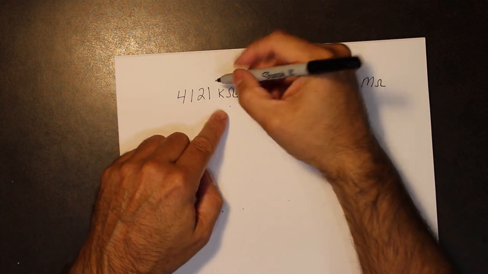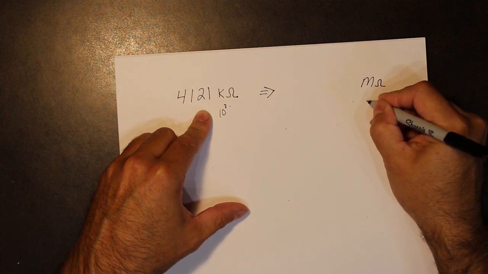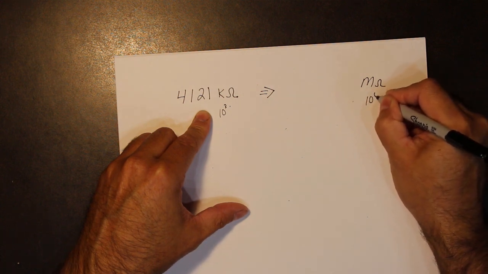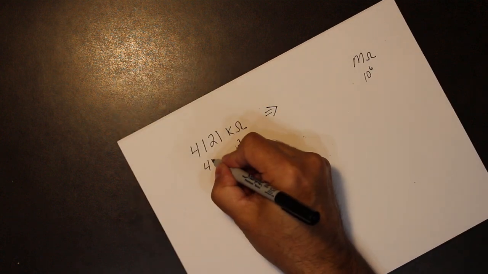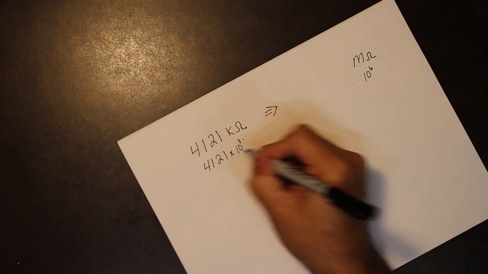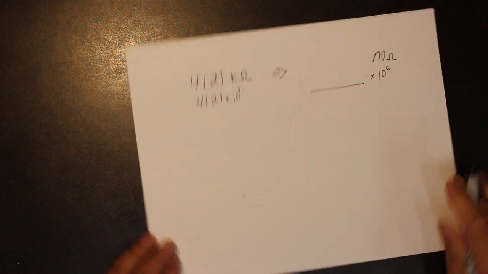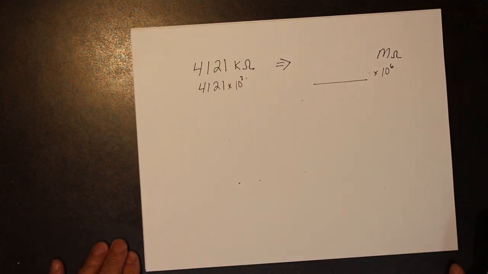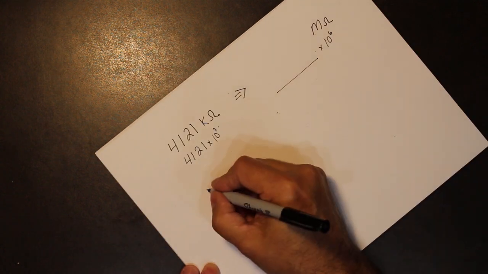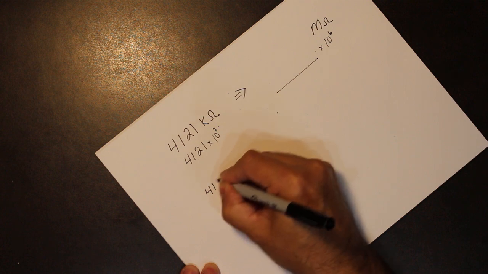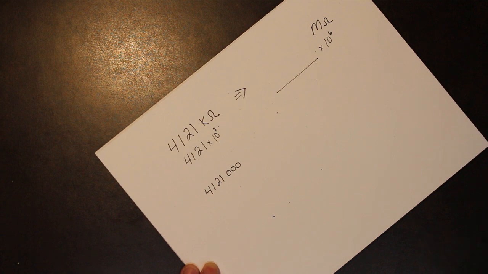We know that the value of kilo is 10 to the 3, and the value of mega is 10 to the 6th. So 4121 times 10 to the 3 must equal something times 10 to the 6th. Now, we can put this into base units. So this is 4,121,000. That's our base number.